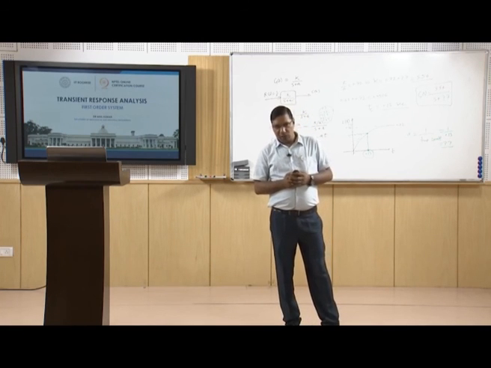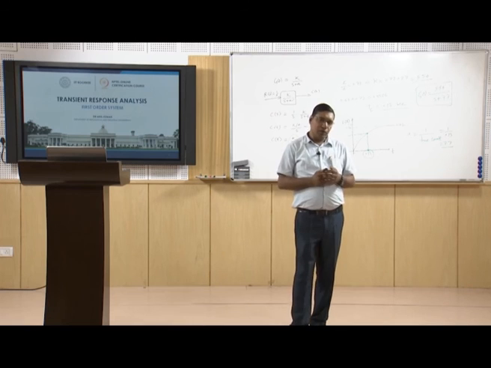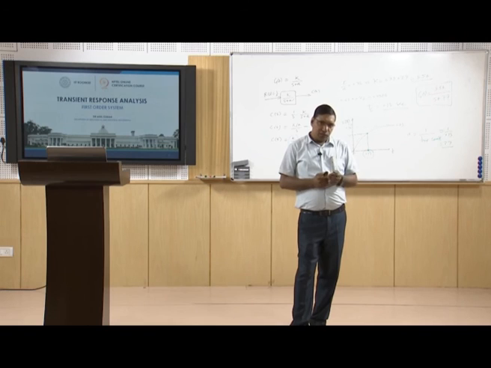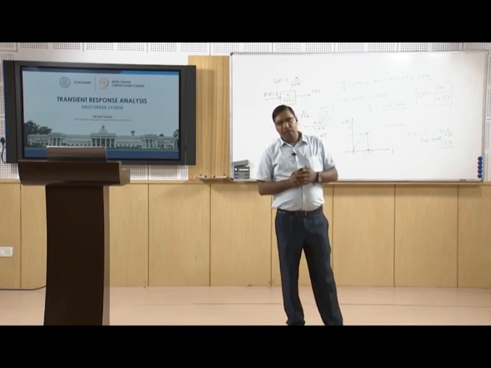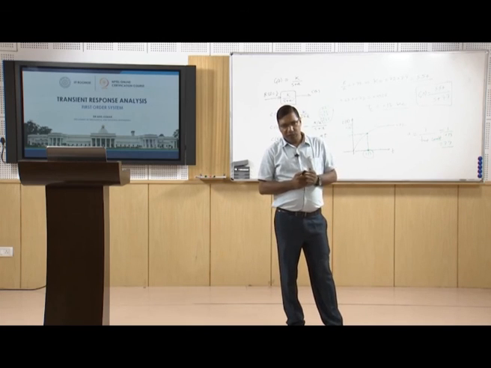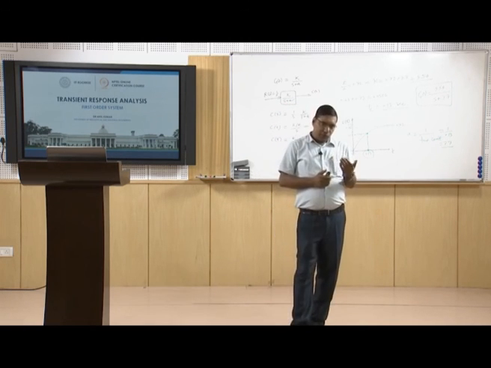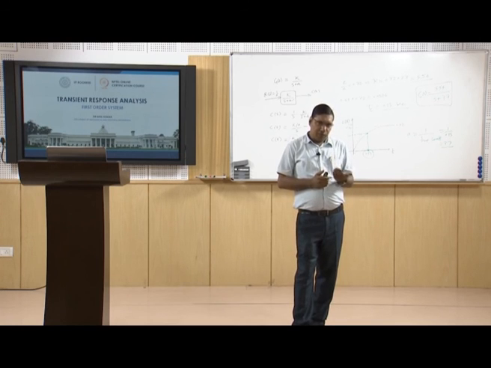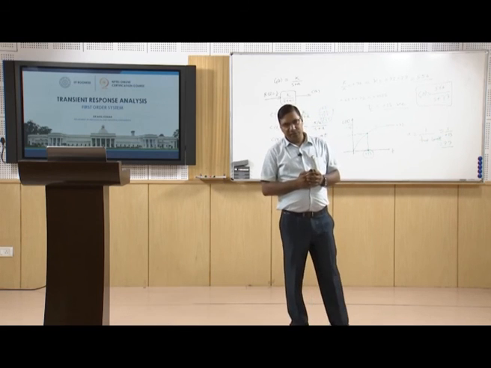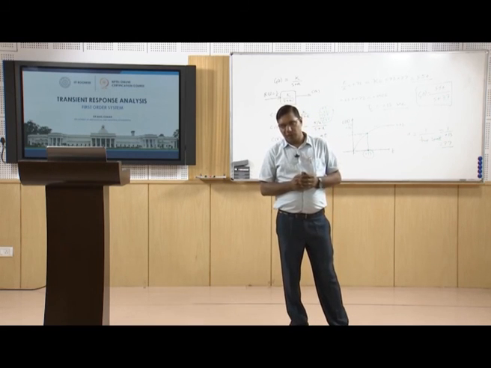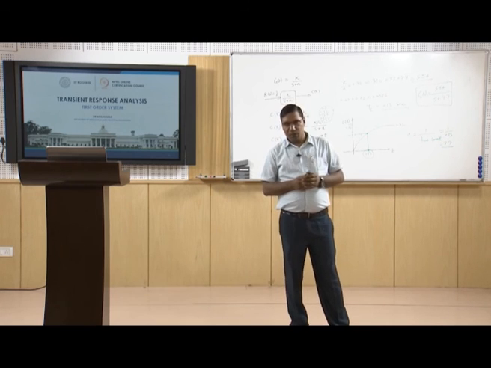So when it is exponentially growing to the input or step value, when the response reaches 63% of the final value, that is called the time constant, and the rise time is the time when the response goes from 10% to 90% of the final value. Whereas the third transient response specification is the settling time, when the response reaches and stays within 2% of the final value. So that is the settling time.